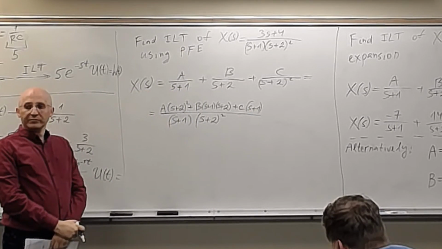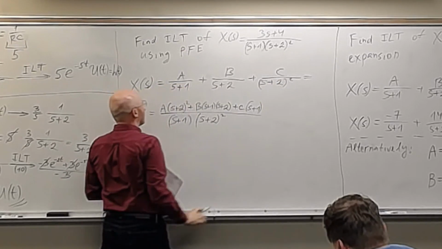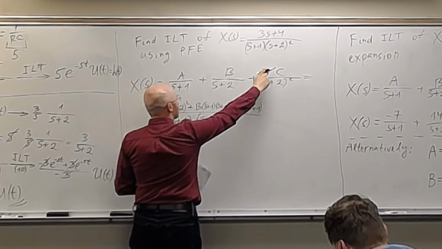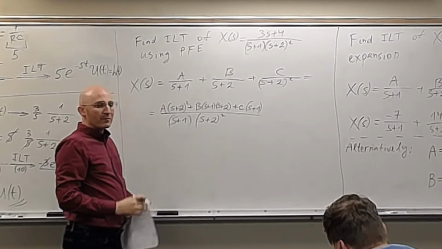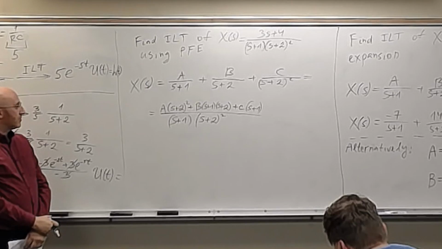I'm just multiplying this one by that part, this one by those two, and this one by this one, because this is what they are missing in their denominator.